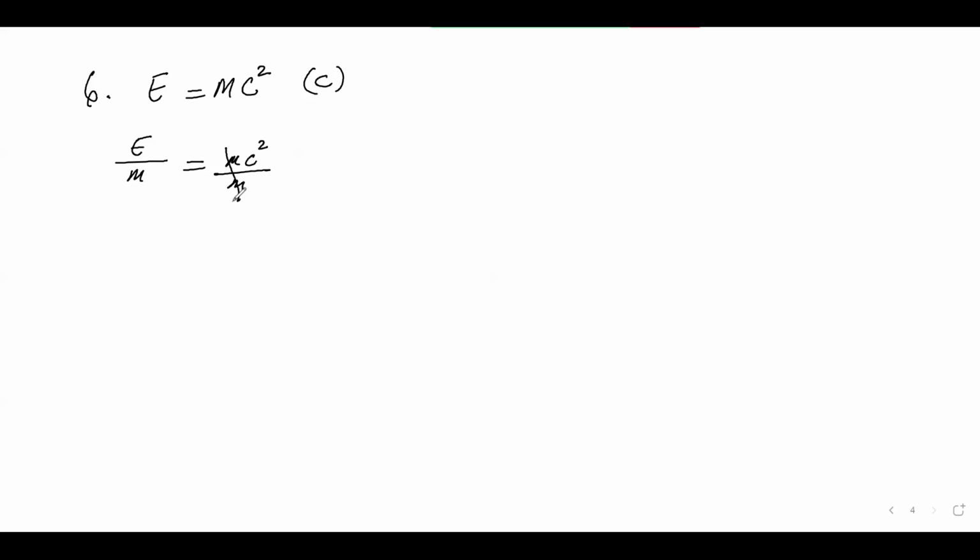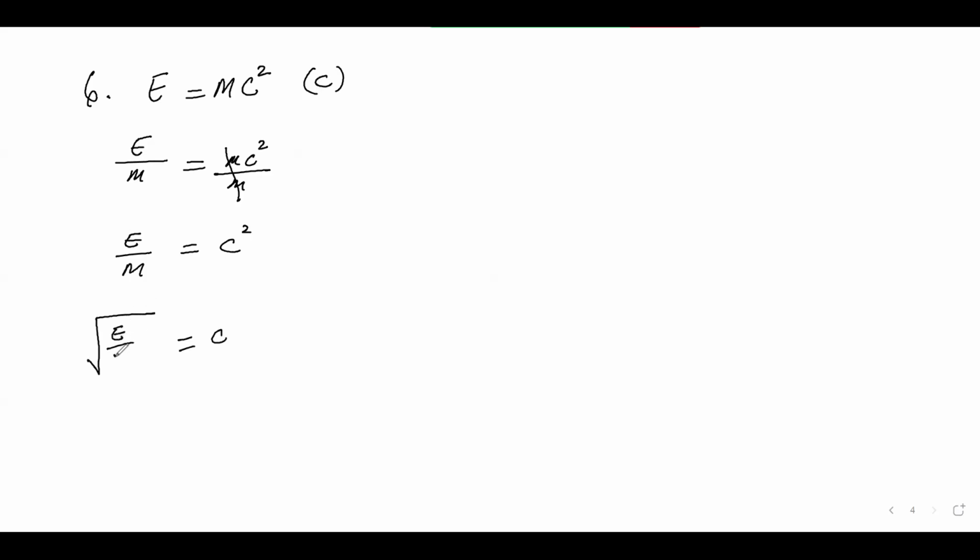All right. So now we have C squared is equal to E over M. Now, to remove the square, we have to square root. And this is interesting: if you want a square root, you have to square root everything.